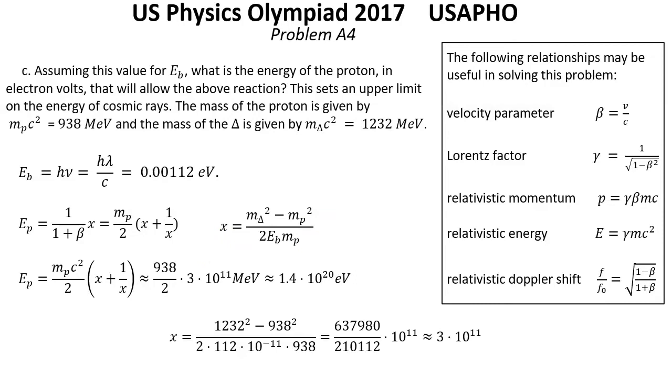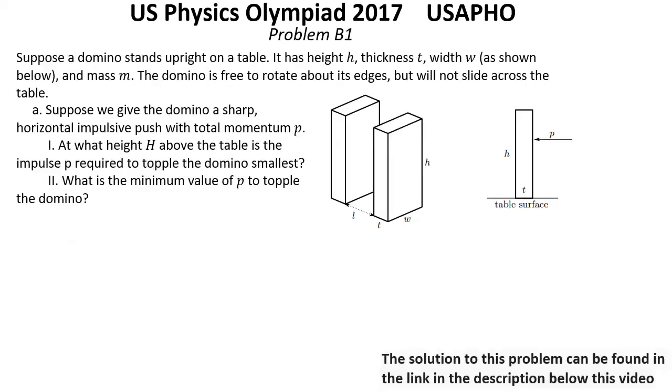Finally, after all calculations, we get this formula, and the answer is 1.4 × 10^20 electron volts. This number is also called the GZK bound for cosmic rays. GZK stands for Greisen-Zatsepin-Kuzmin. So that was the answer for question C.